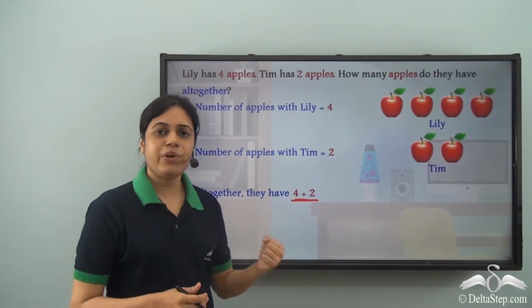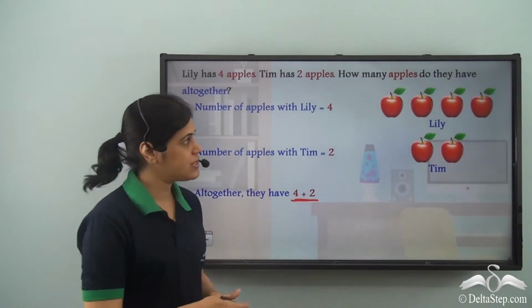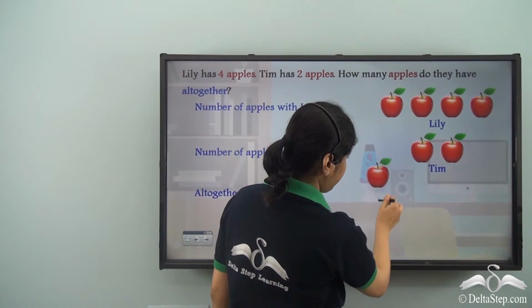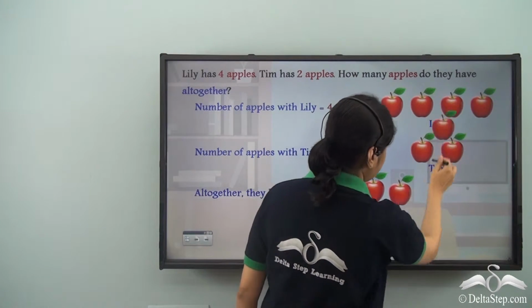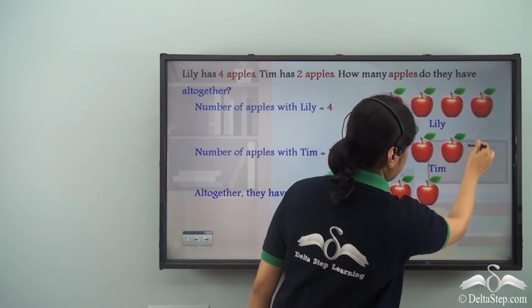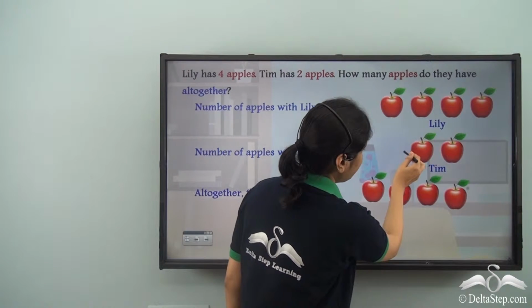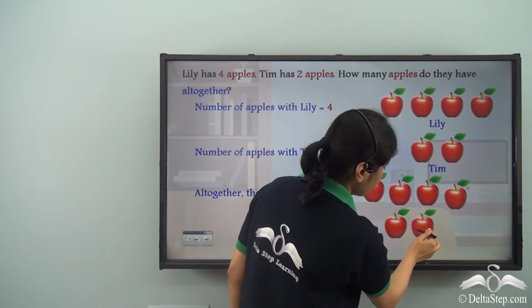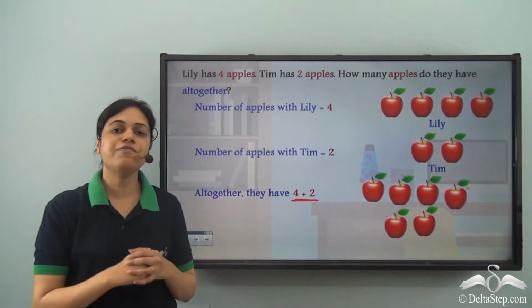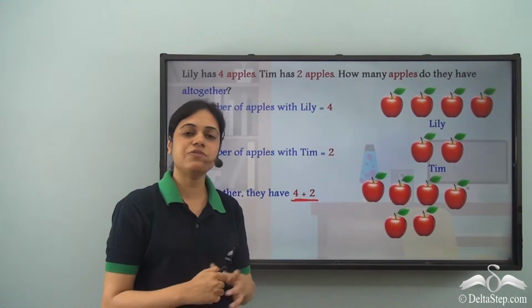So let's bring the apples together or put together the apples. So we have 1, 2, 3, 4 apples with Lily, and I bring the apples with Tim. 1, 2. So I bring the 2 apples with Tim along with 4 apples with Lily.